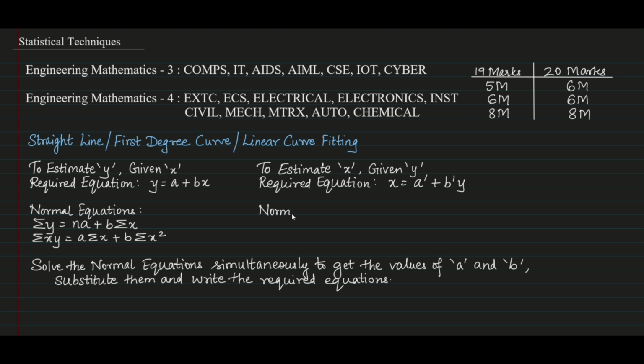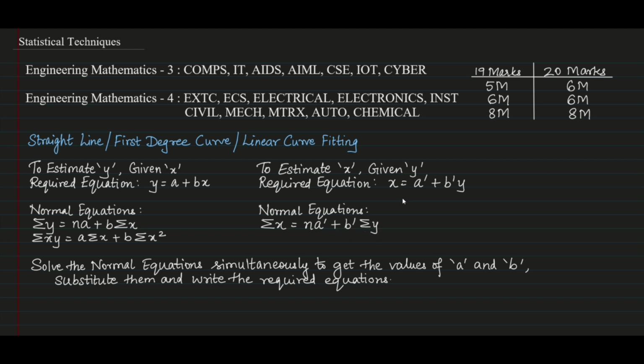So here also normal equations can be used to find the values of a dash and b dash. The first normal equation is directly taking summation of the required equation. So summation x will be equal to n times a dash plus b dash summation y.